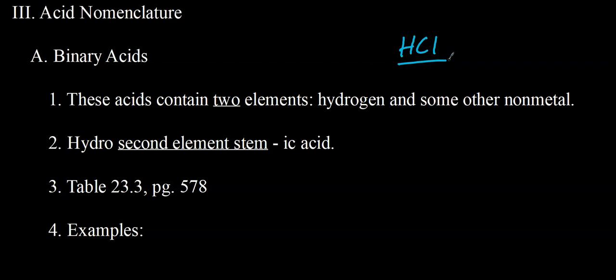Take a look on page 578. We have some names. I'm going to go over some of these and I'll give you some others. Let's take a look at examples. We already did HCl. How about the name of HF? Go ahead and name that. HF would be called hydrofluoric acid.